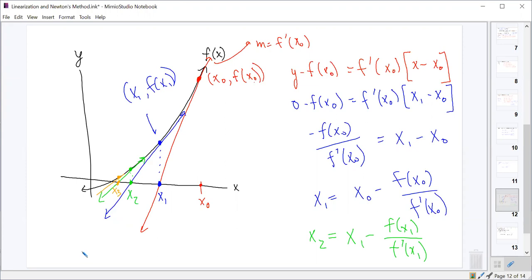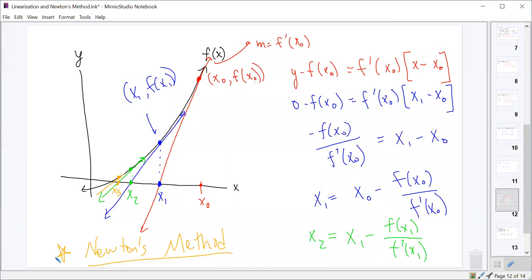This is called, guess who came up with this? Newton, who was smart or something. This is called Newton's method, Newton's method for approximating x-intercepts. He just uses tangent lines over and over again. You can imagine that back in the age of Newton, when there was no calculator to just tell you what the x-intercept was, this would have been exceptionally helpful.